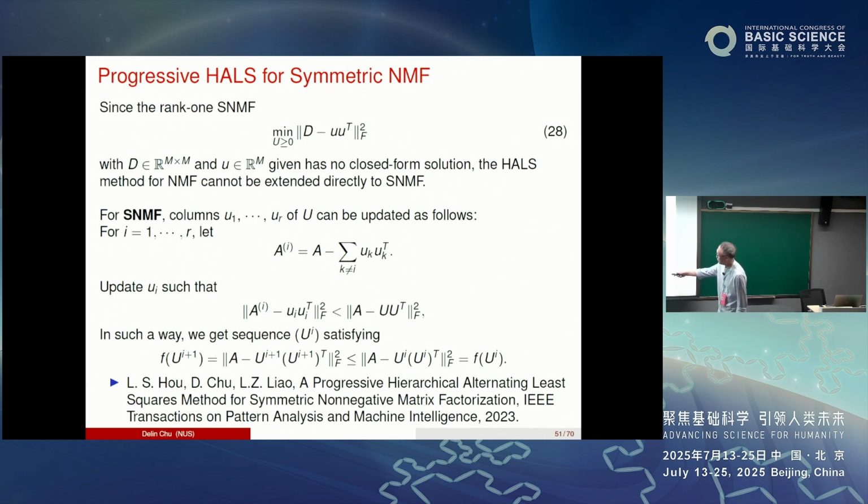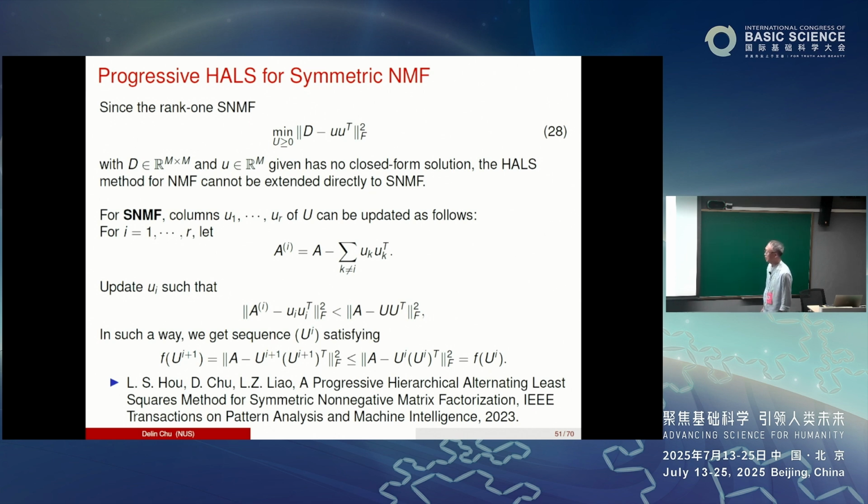Then we try to find the Ui such that the squared Frobenius norm of Ai minus Ui Ui transpose is less than the squared Frobenius norm of A minus U U transpose. So this means we try to find the Ui so that the resulting objective value is decreasing.